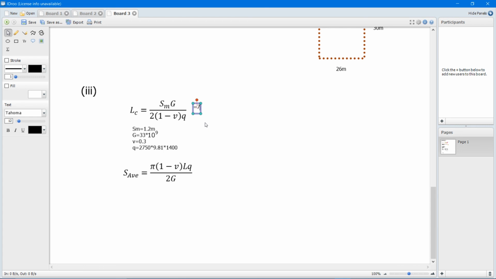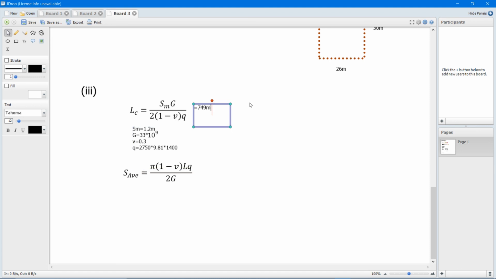You should be getting 749.9, but let's use 749. Let's round it off. 749 meters, that is. So that's the critical half span.